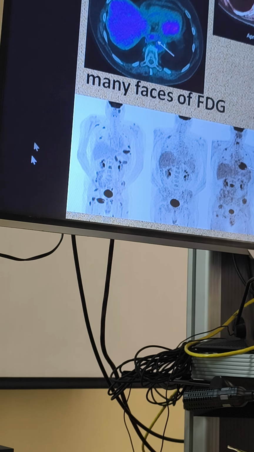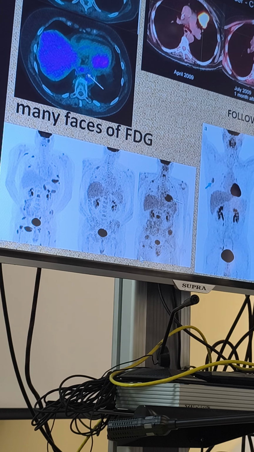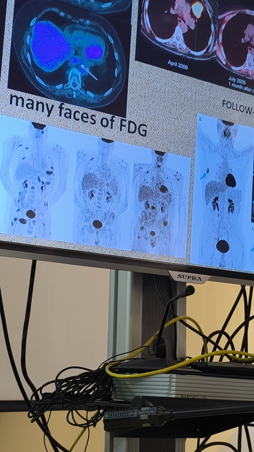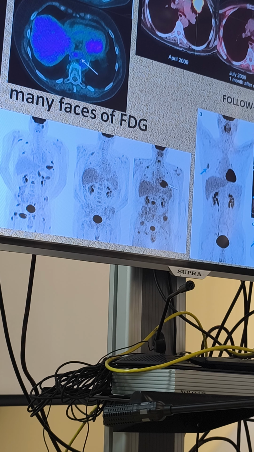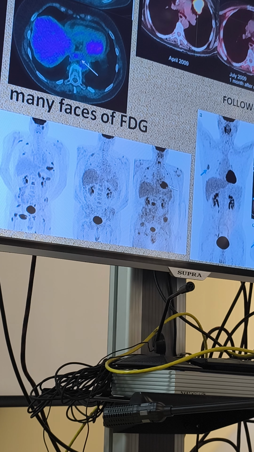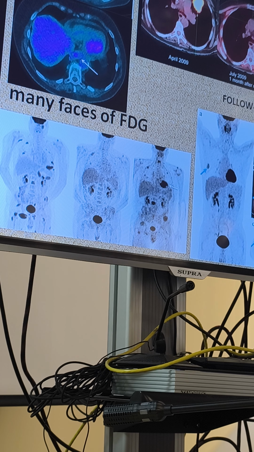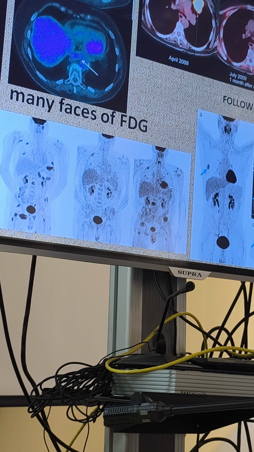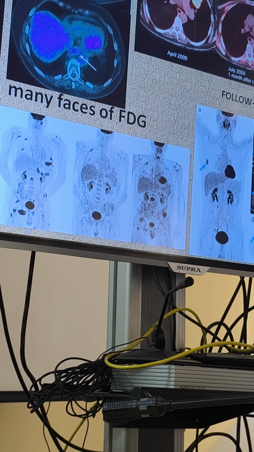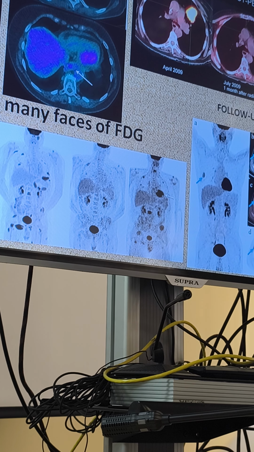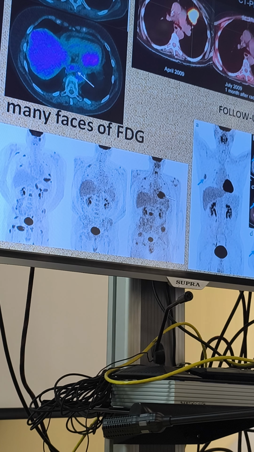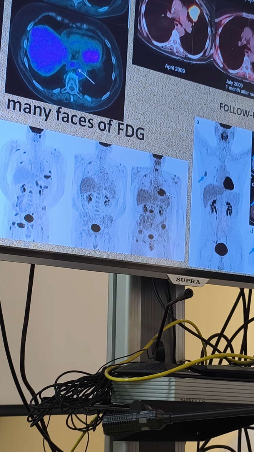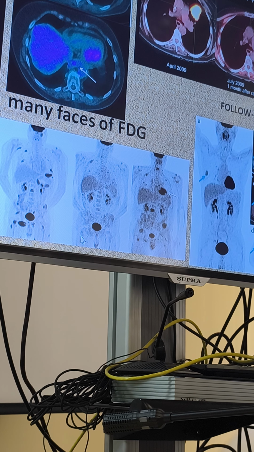And again, this is a patient with multiple myeloma. And this is the beginning of the disease, at the presenting of the disease. This is 4 months after chemotherapy, and this is next 4 months after chemotherapy. And so what do they see there? First of all, it was widespread disease at the beginning. And there is a hope that we'll manage, because on these pictures we see that the situation is better.